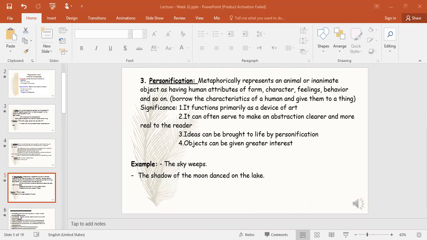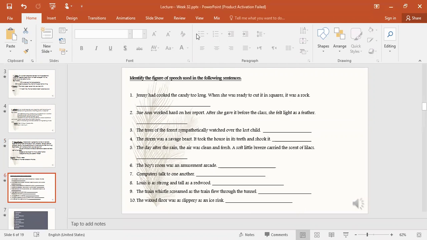Now I'm going to move to an exercise. I will give you 3 minutes to solve this exercise alone. You have to read the sentences. When I choose you, I need an explanation. It's not a riddle. When you tell me this is a simile, I need to know why. It's a metaphor, I need to know why. Go ahead.